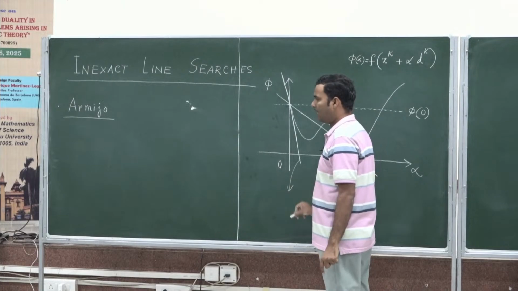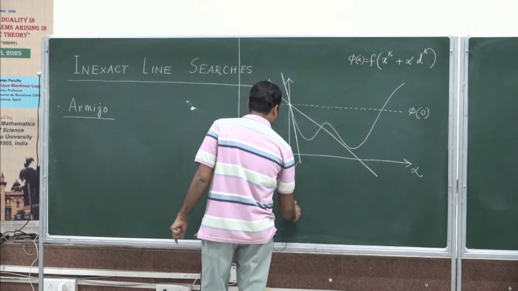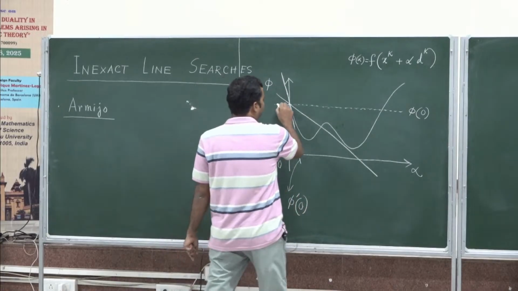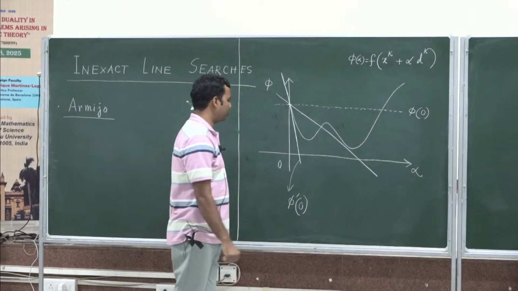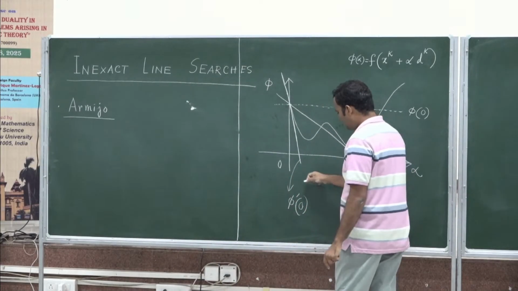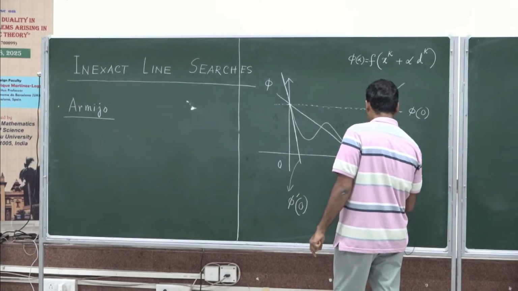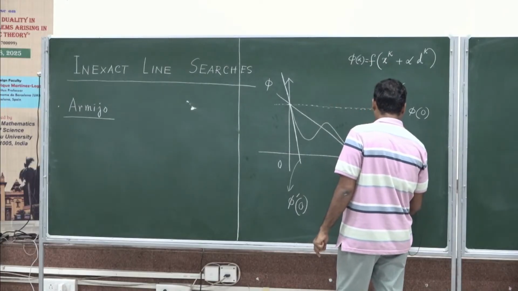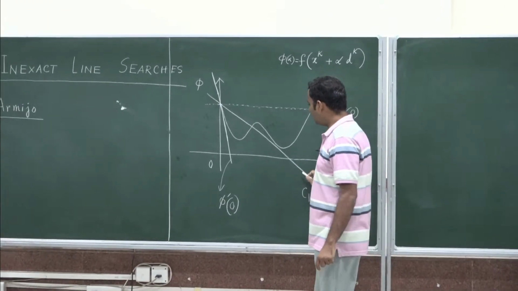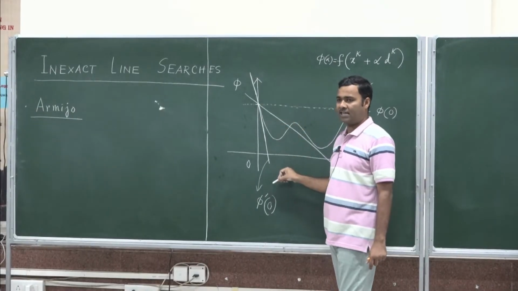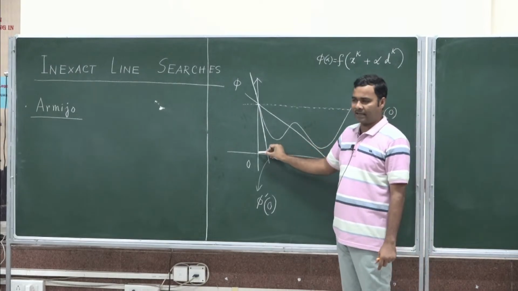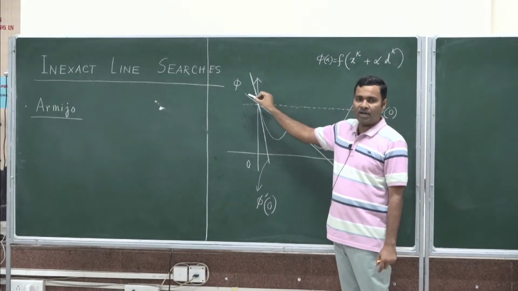The tangent has slope phi dash 0, and the line y equal to phi 0 has slope equal to 0, and therefore choose some fraction C1 times phi dash 0, where this fraction C1 lies in between 0 and 1. This is a line that lies in between the tangent line and the line of the function value at the point xk. So in between these two lines we are choosing a particular line.